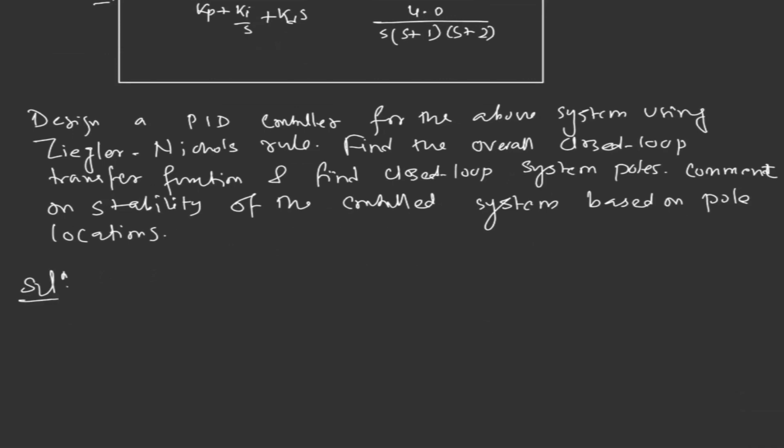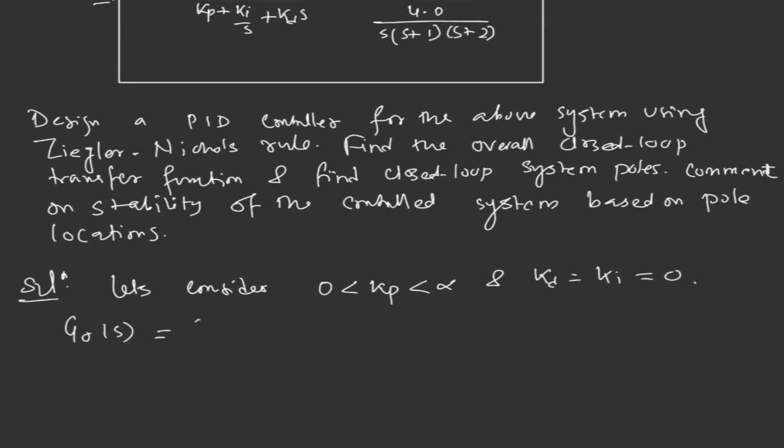Here, let's consider the only control variable to be varied as Kp, the way we have done before. So the only control parameter for the root locus will be Kp, which varies from 0 to infinity, and we assume Kd and Ki are 0. The open loop transfer function is G0(s) = Gc(s) Gp(s) H(s), where H(s) is 1, as we are assuming unity feedback.